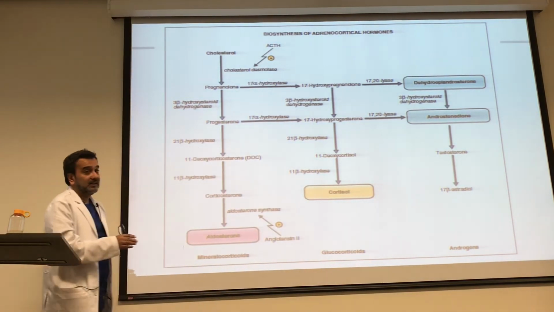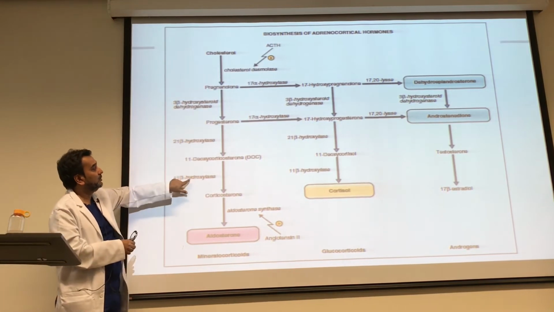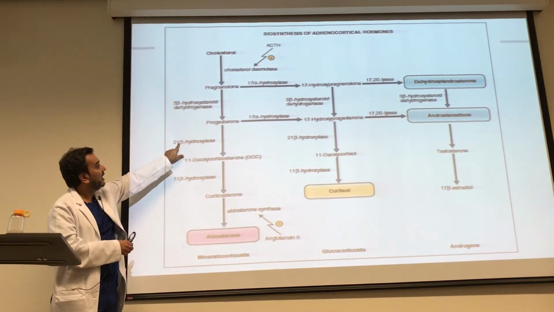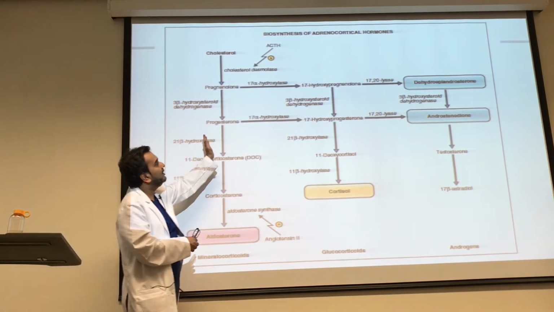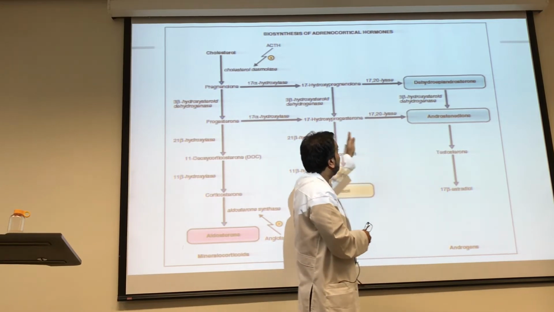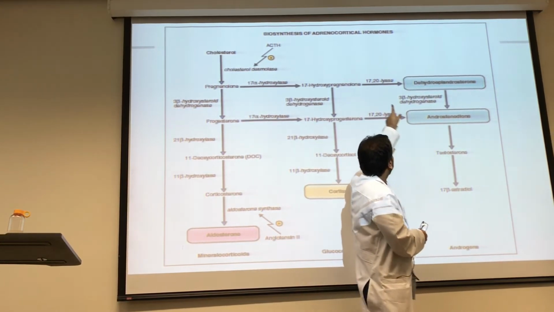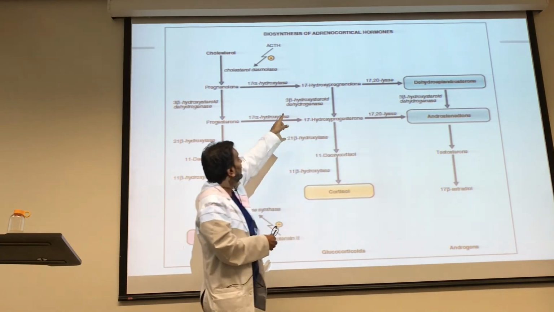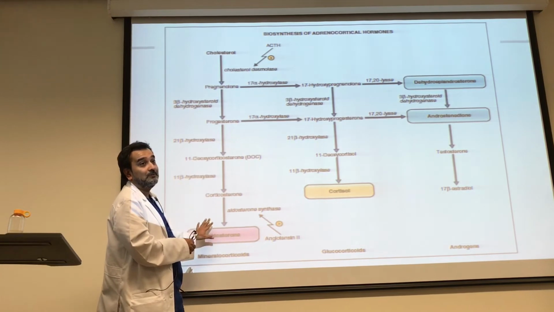You also need to understand that if you have deficiency of enzymes like 21 beta hydroxylase or 11 beta hydroxylase, this cycle is going to shift towards this side. This means that you start to produce more of androgens. If you do not have 17 alpha hydroxylase, this cycle is going to shift towards this side.